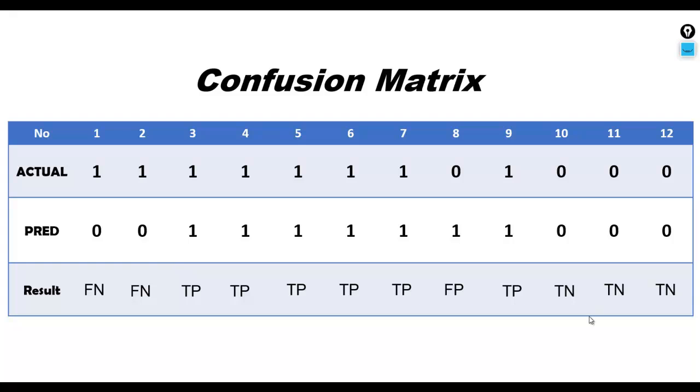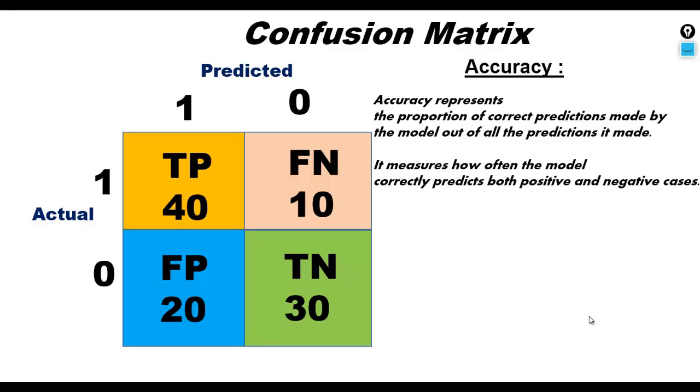Now let's move on. Now let's discuss accuracy first. Accuracy represents out of all the samples available in the dataset, how many samples are correctly predicted. You can see here, these samples are correctly predicted: true positives and true negatives.